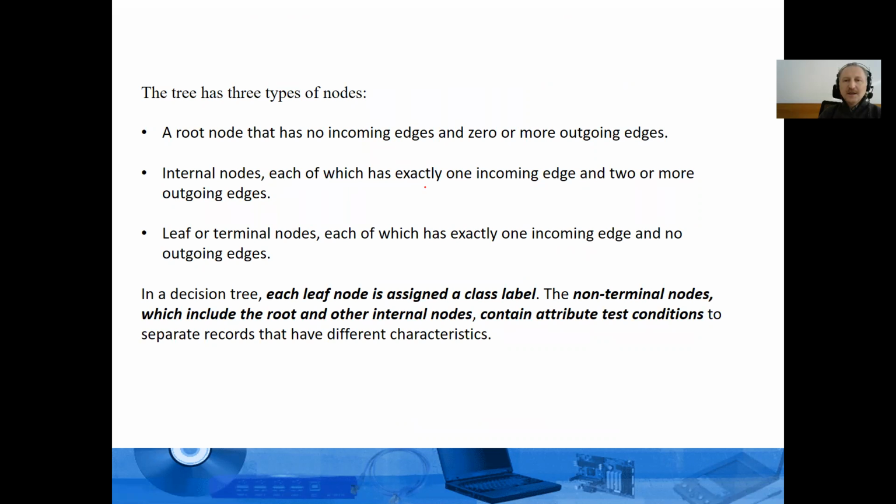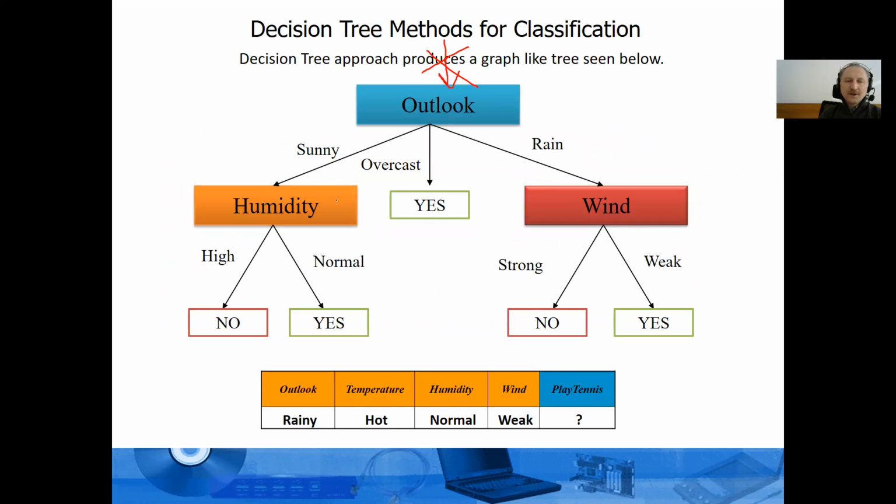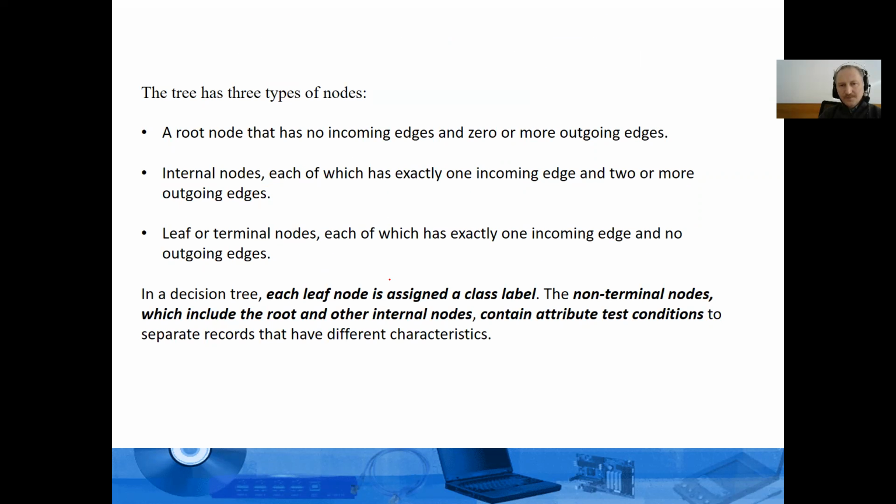Internal node: each has exactly one incoming and two or more outgoing edges. Look, for example, this one is an inner node because it has one incoming and one or more outgoing. Here in this example, there are two outgoing. This one is an inner node.